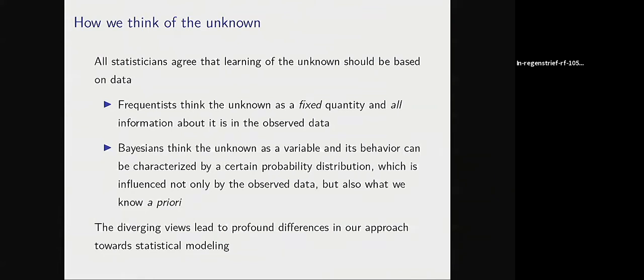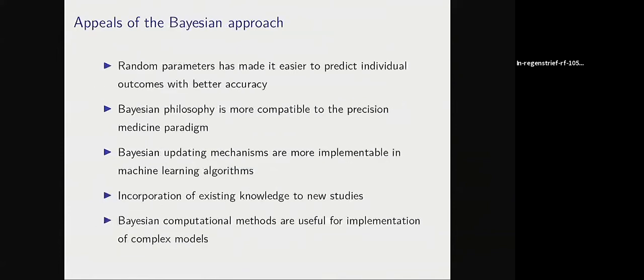So as an example, if there's a study on the effectiveness of a particular treatment, Bayesians will use the observed data just like the frequentists, but may also incorporate prior information that may come from similar studies in the past. And these different views have a pretty dramatic effect on how the types of statisticians approach statistical computing and statistical modeling.